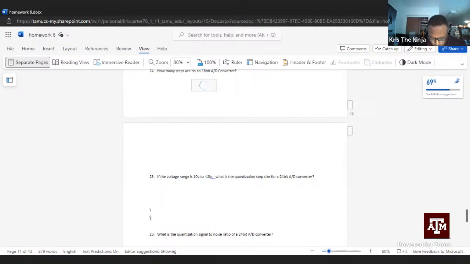That's the step size. So 2 to the 24th is a really big number. Then you do the change in voltage, which is 20 volts, because it's 10 minus minus 10. So 20 volts divided by that, and the step size is 1.192 microvolts.